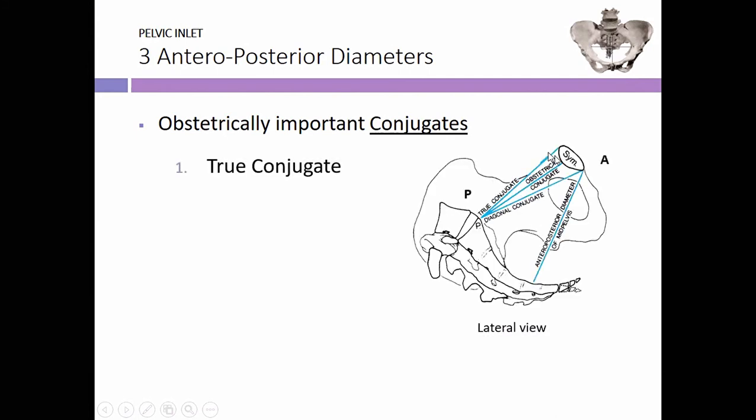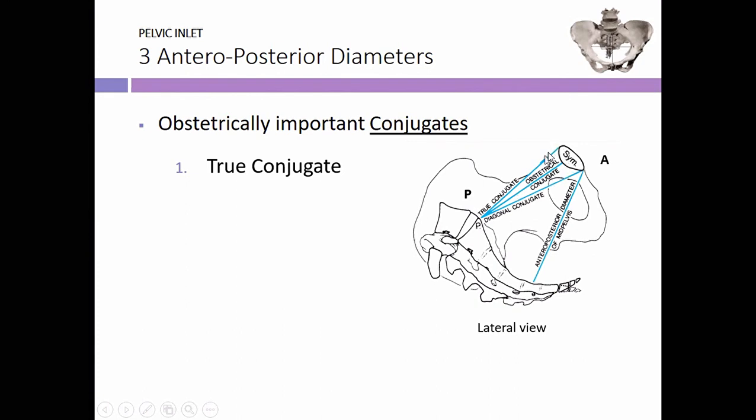So what are these conjugates? If you see this, now this one, the woman, we look here from above, while this one, lateral view, the woman, we assume is lying down. This is the symphysis pubis. This is the sacral promontory, and then the coccyx. So the anteroposterior diameter of the pelvic inlet is composed of three conjugates.